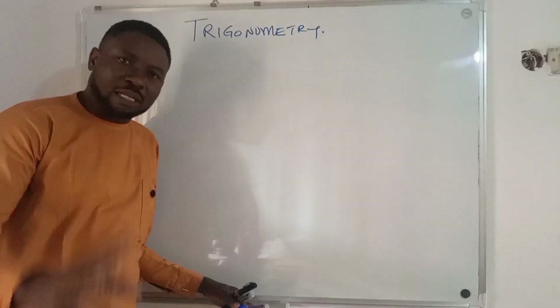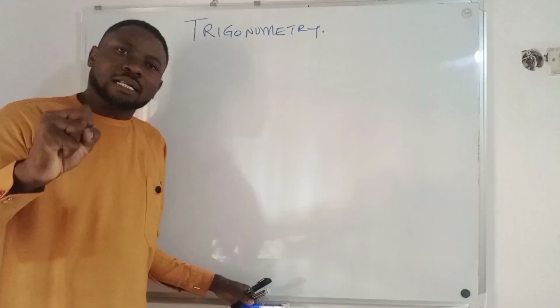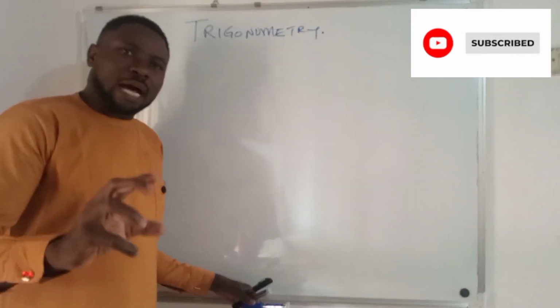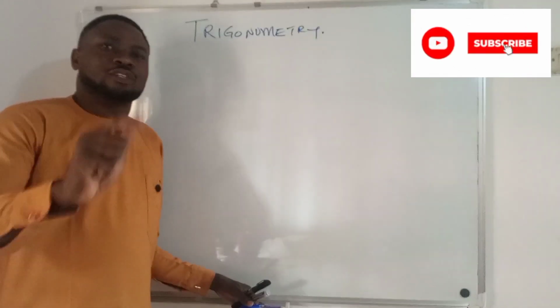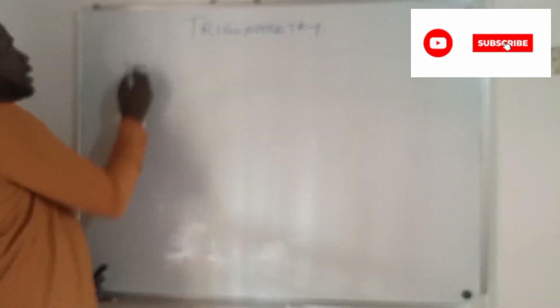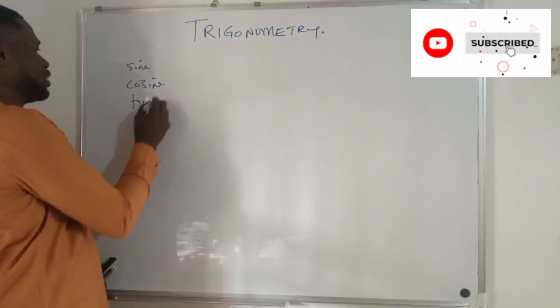Trigonometry is a branch of mathematics that seeks to solve problems of triangles. Now, in doing that, there are specific functions that you must remember. We have what we call the sine function, the cosine function, the tangent.